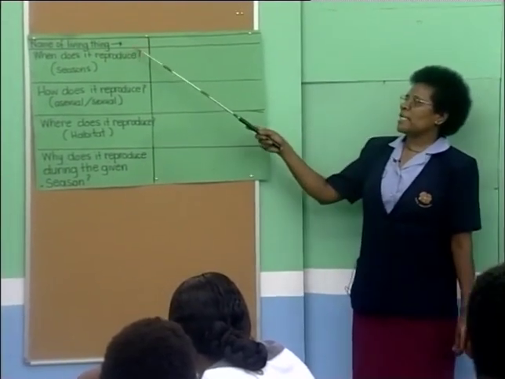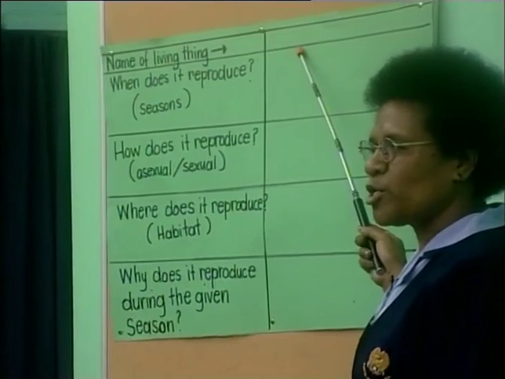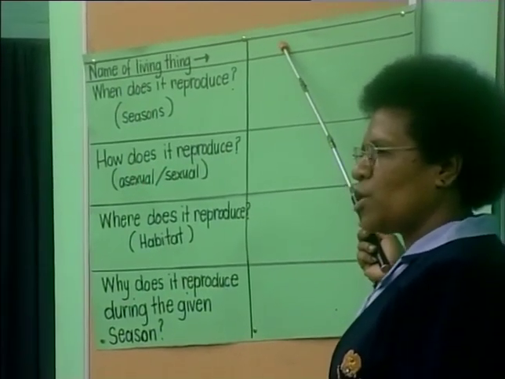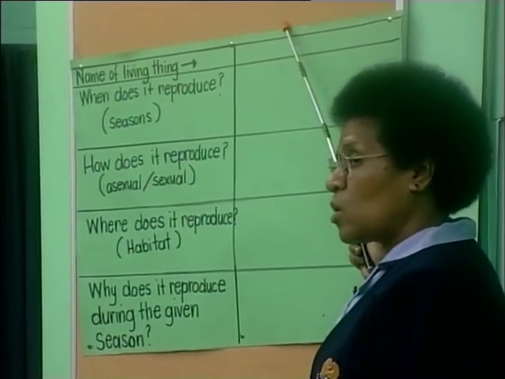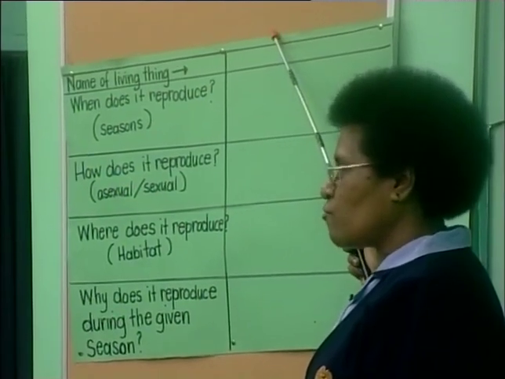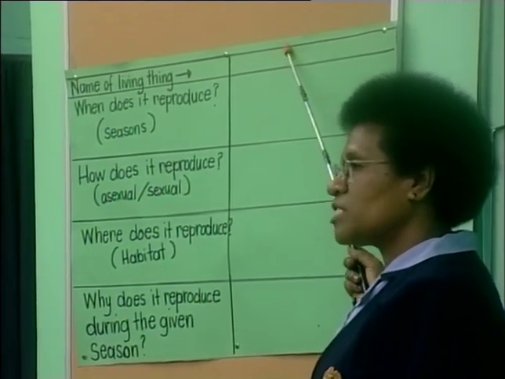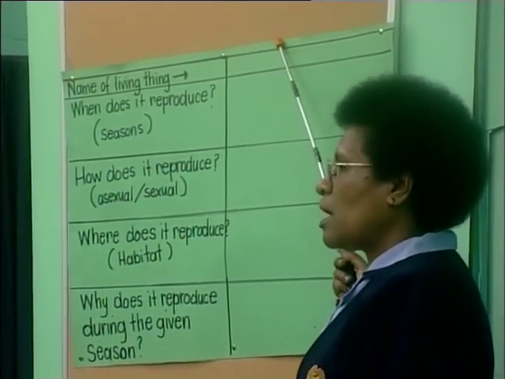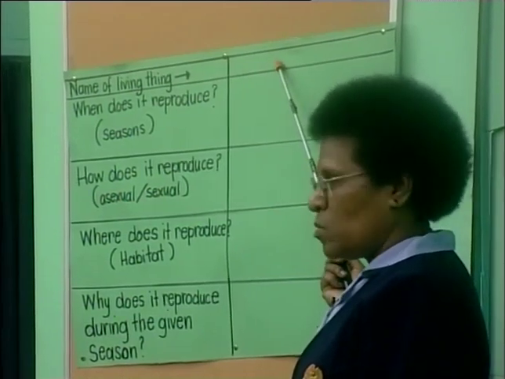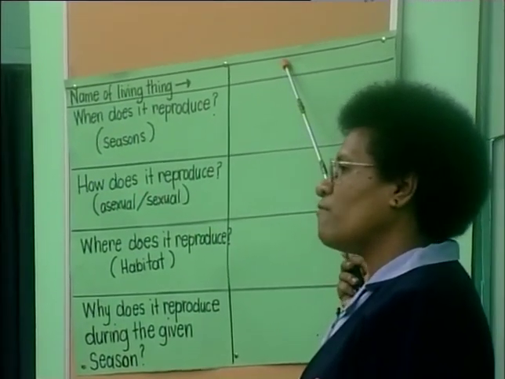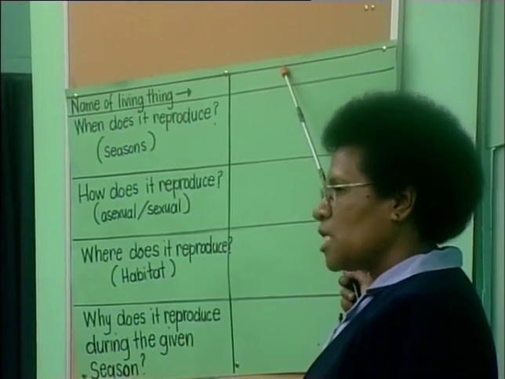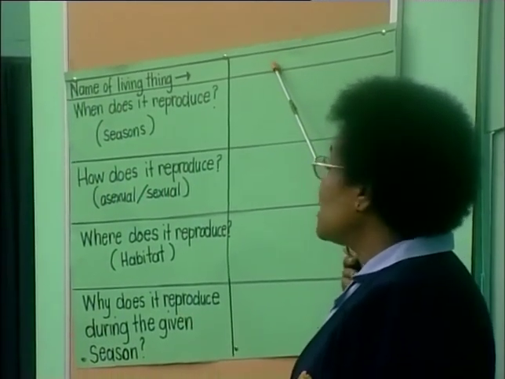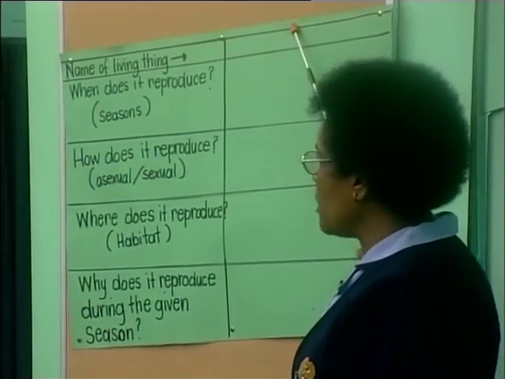Now, where it says name of the living thing, that is where you are going to write, like the model class, golden showers and frog. Students in the receiving schools, your teachers will give you the names of living things that reproduce seasonally, so you can work on that.